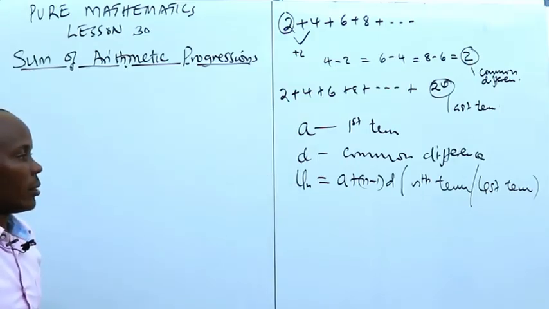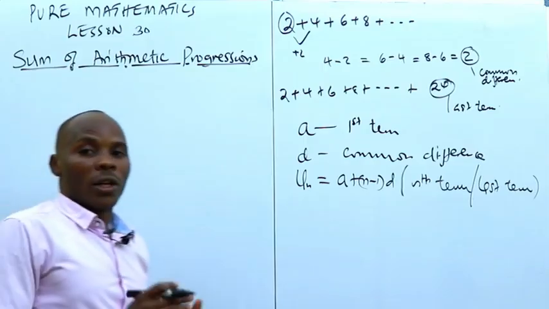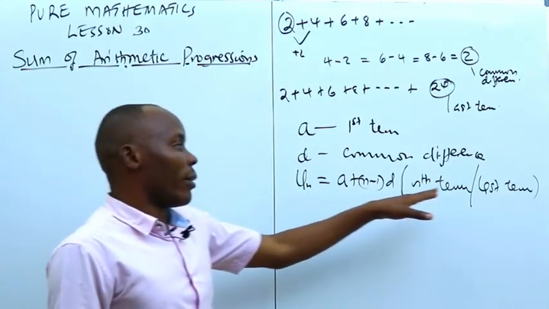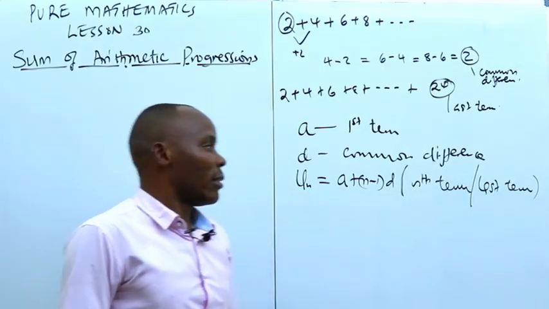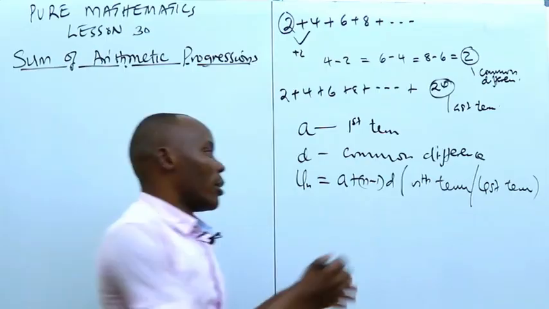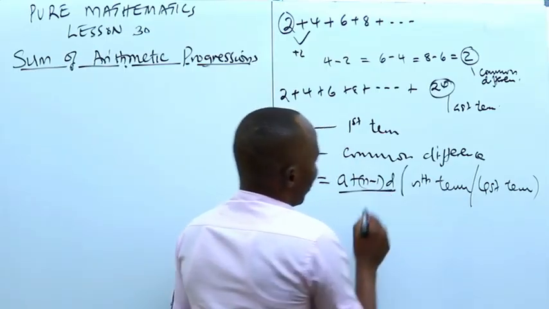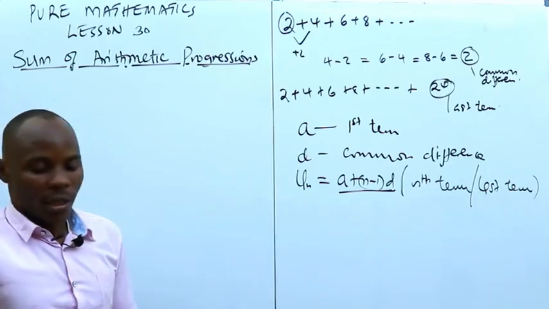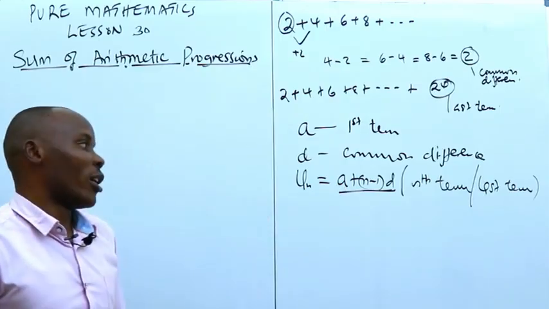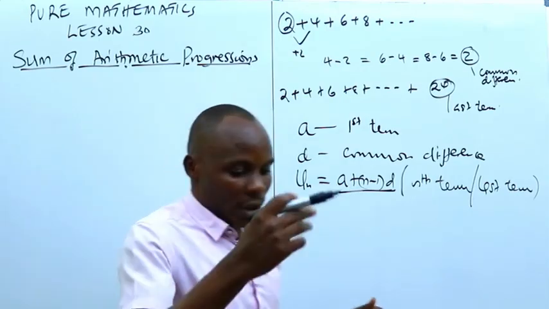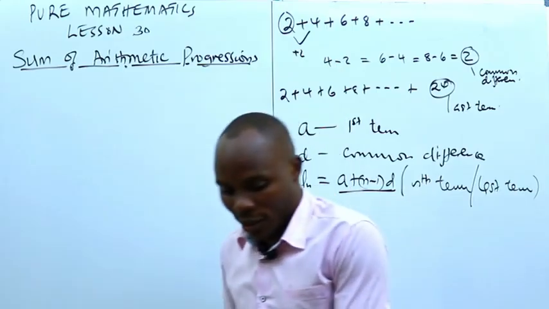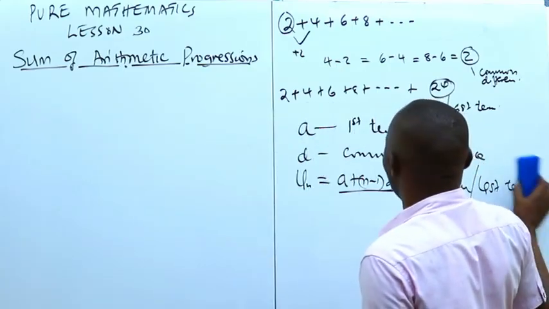Something very important there: we can call it the last term provided we are dealing with a finite series. If our AP is finite, it has got an end. That last term can help us come up with all categories of things that we need. We may be looking for the value of A, we may be interested in the value of D, or even the number of terms in such a series, which is arithmetic in nature.